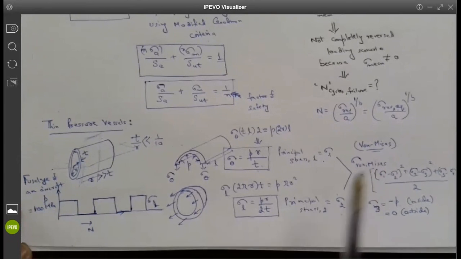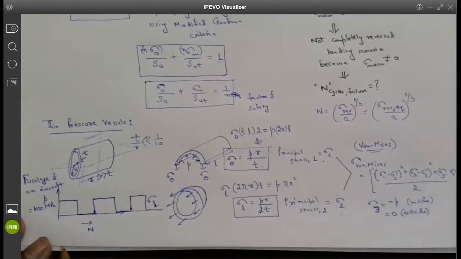Von Mises stress is a function of pressure, and pressure goes like this. After doing all these calculations, your von Mises stress comes out to be 75 megapascals for the max pressure and 0 megapascals for the minimum pressure.